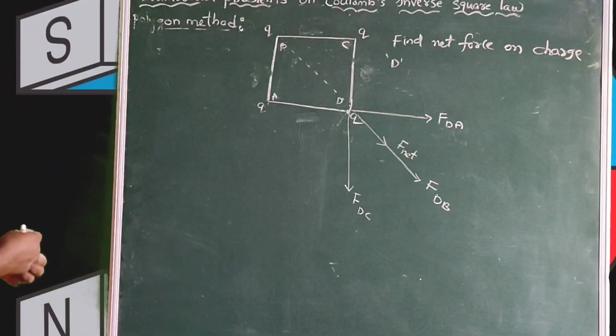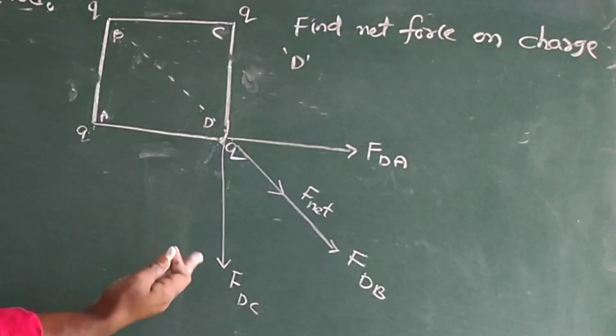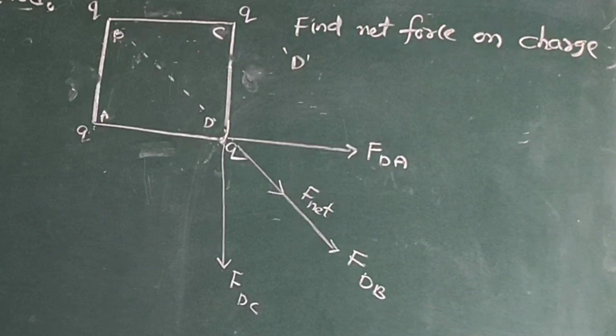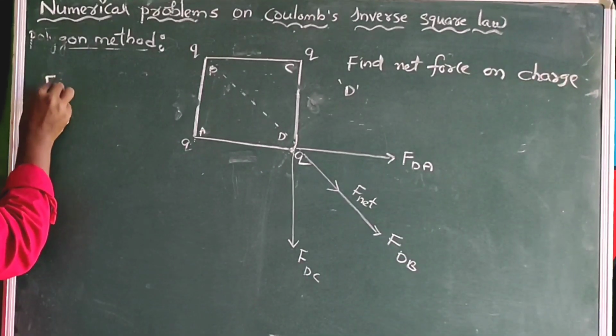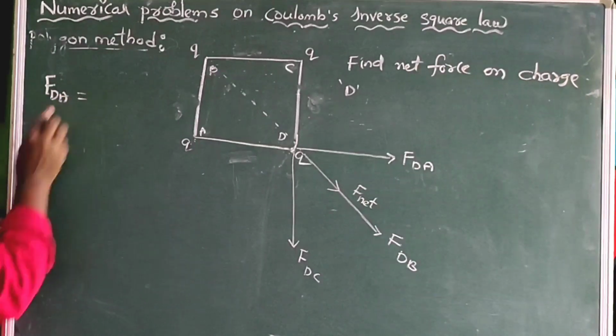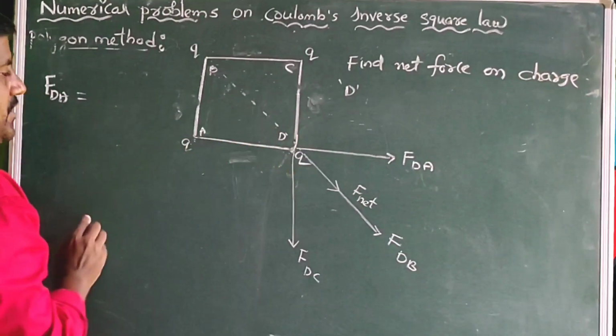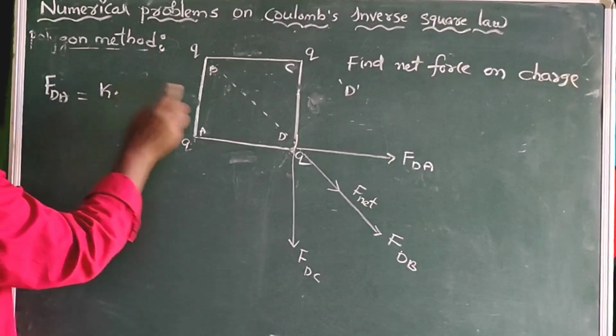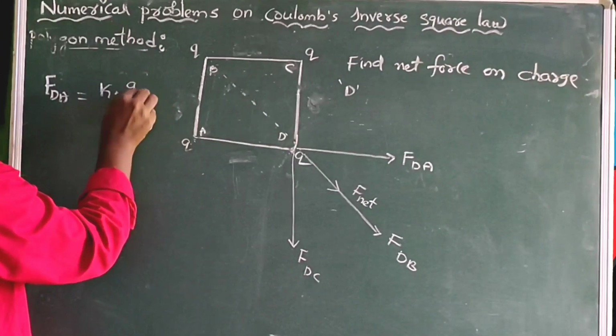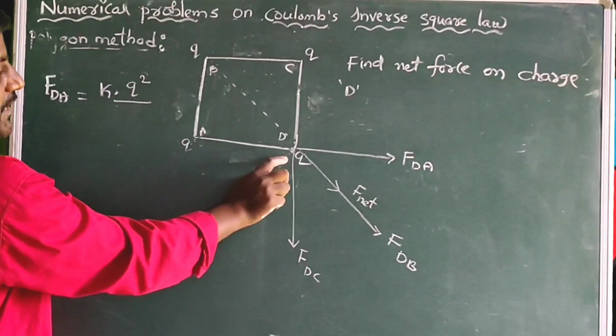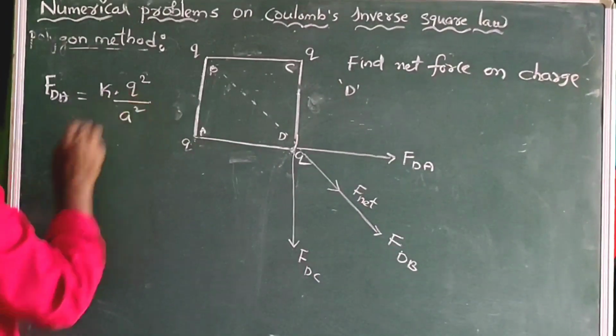So first we calculate FDA, FDB and FDC. The force between the D charge and A charge is K into Q1 Q2, that is Q square, by the side length of the square, A square.